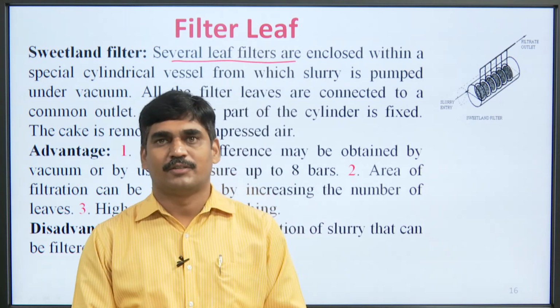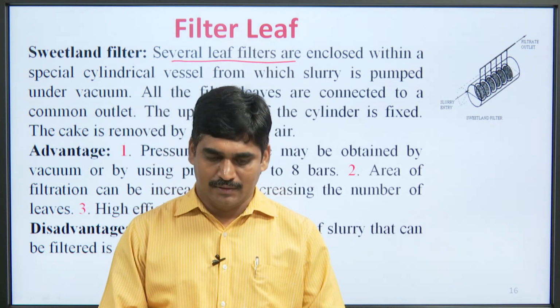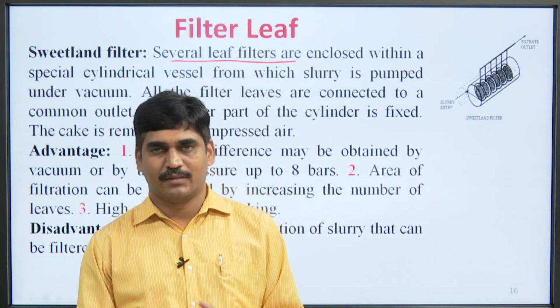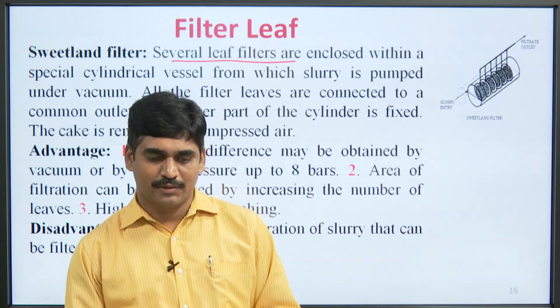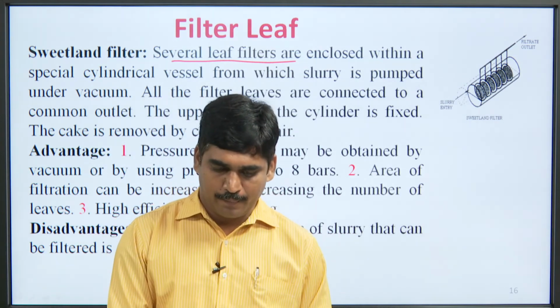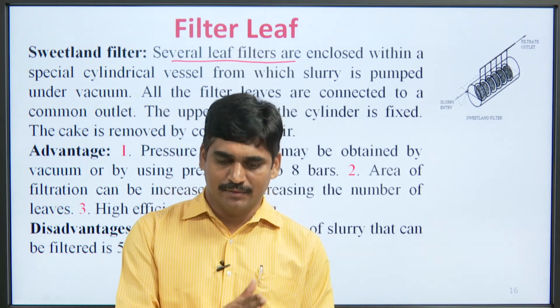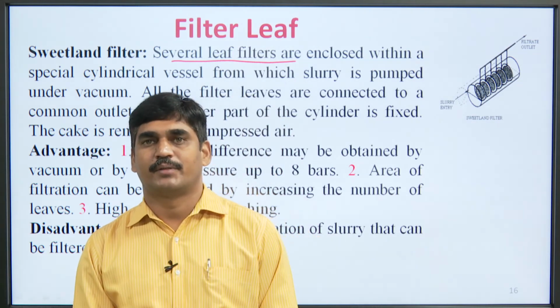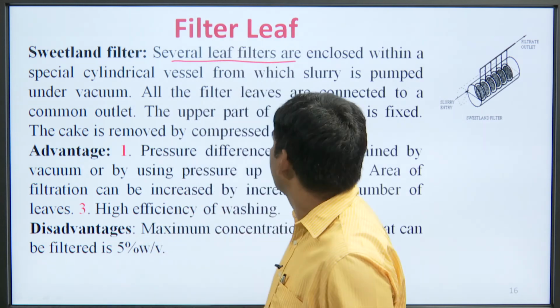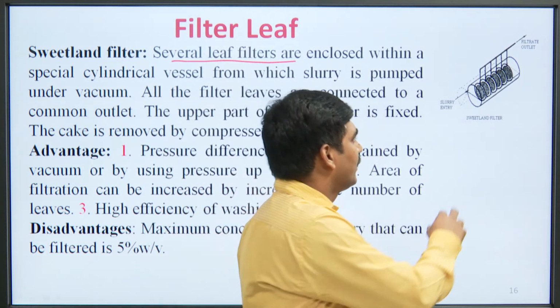Let us see the arrangement of this Sweetland filter. In this case, all the filter leaves are connected to a common outlet. The upper part of the cylinder is fixed, and the cake is removed by compressed air. Let us see the diagram.